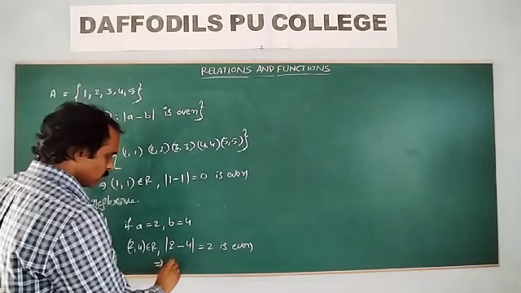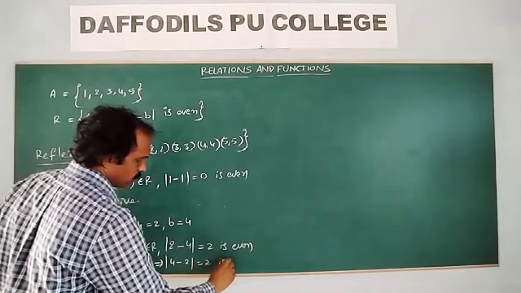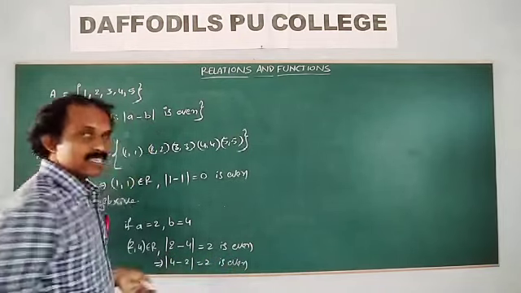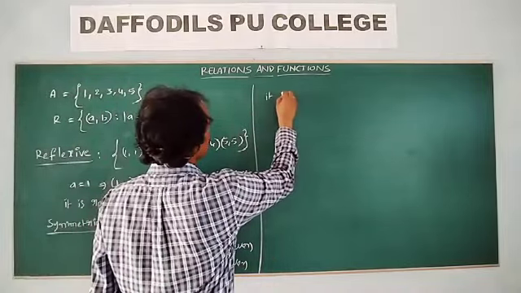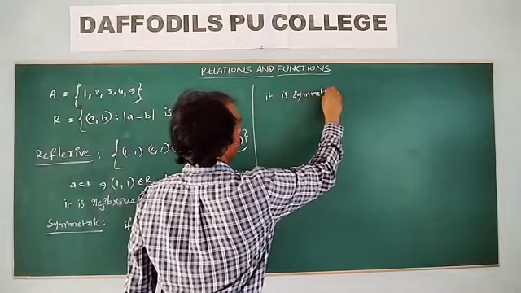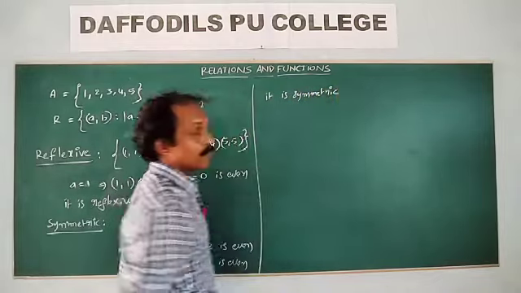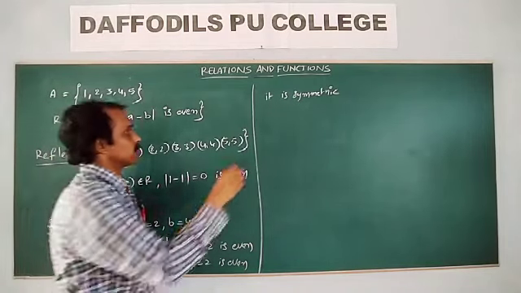This implies 4 minus 2 is equal to 2, which is also even. Therefore, it is symmetric.